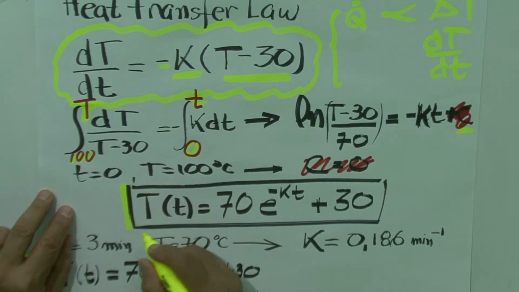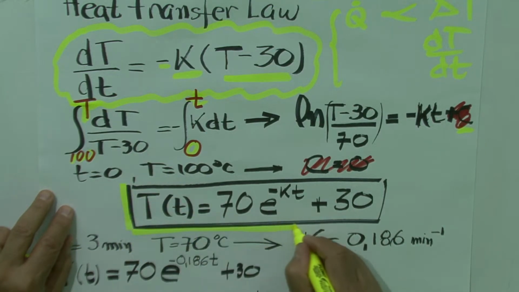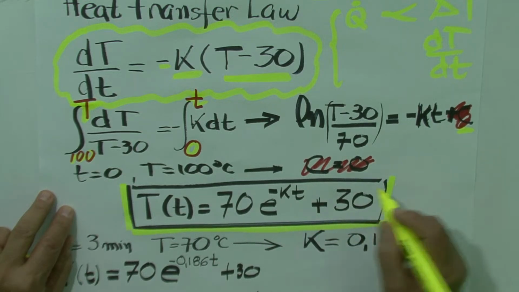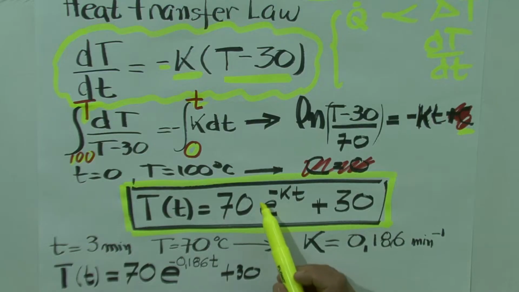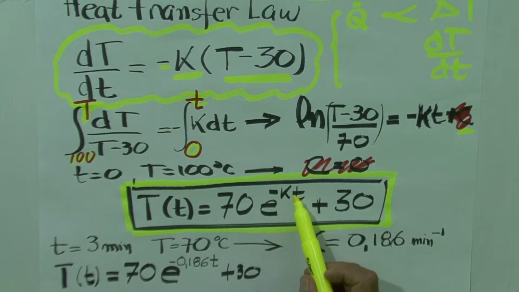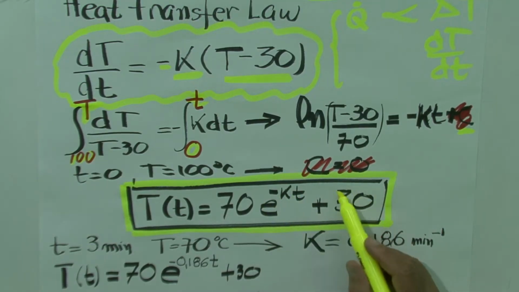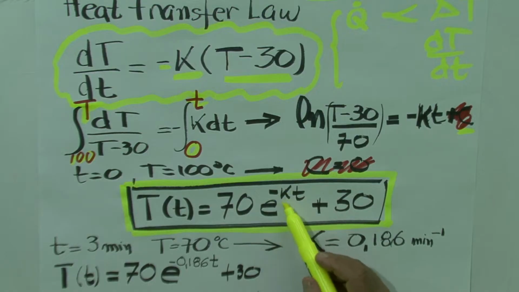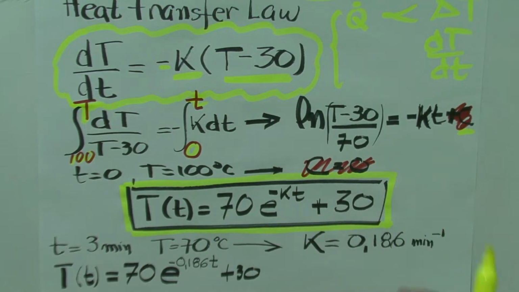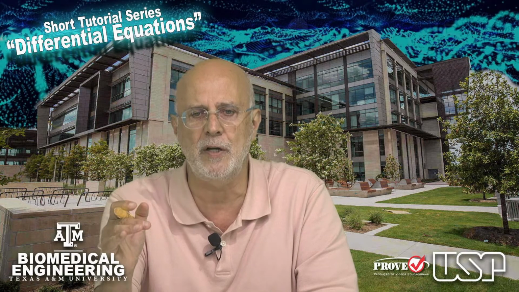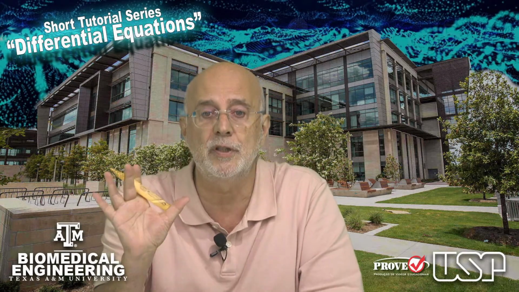I end with the fact that the temperature at any instant of time is 70 times the exponential of minus kt plus 30. When t equals 0, this is 1, I recover the 100. So there is always one step in solving a differential equation, which is to test for the conditions you know.